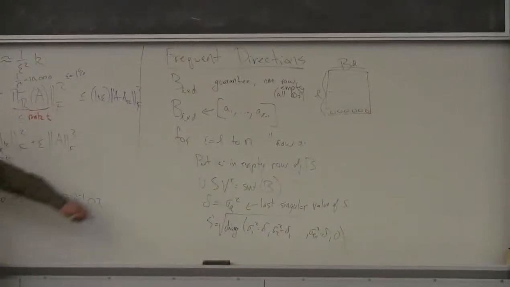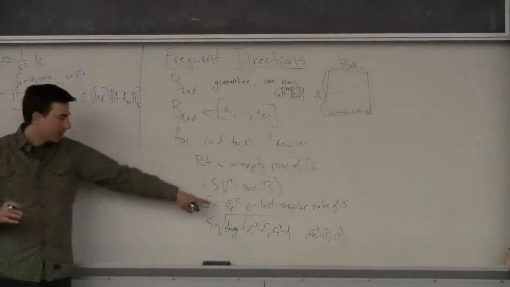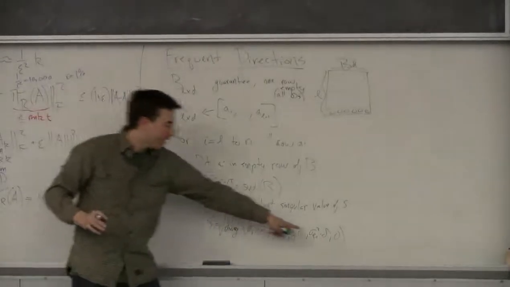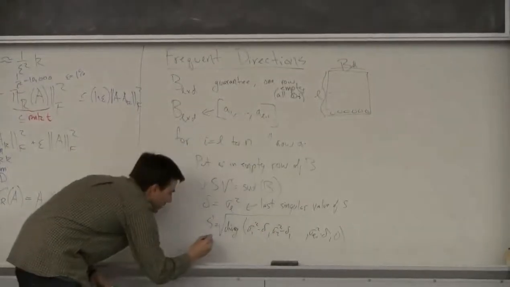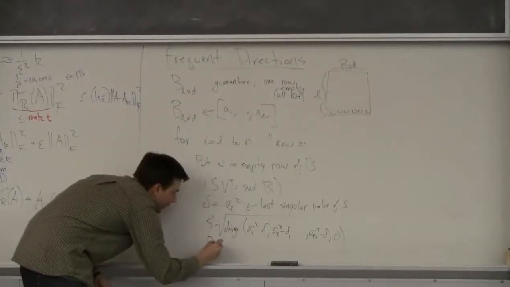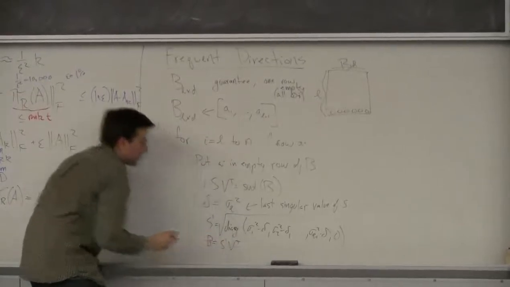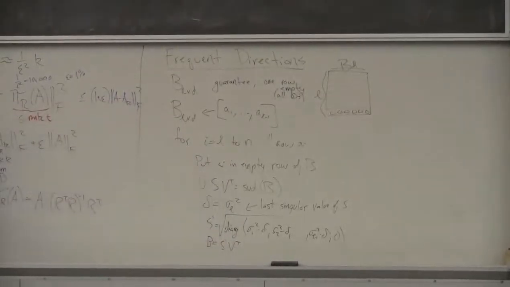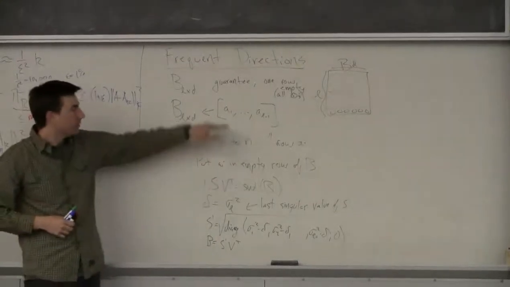So what I've done is I've taken all the singular values here, and I've shrunk them by this last singular value, and this makes the last one here 0. And then the last step is B is going to be equal to S prime times V transpose. And if I've done this right, the last row of B here should again be all zeros.